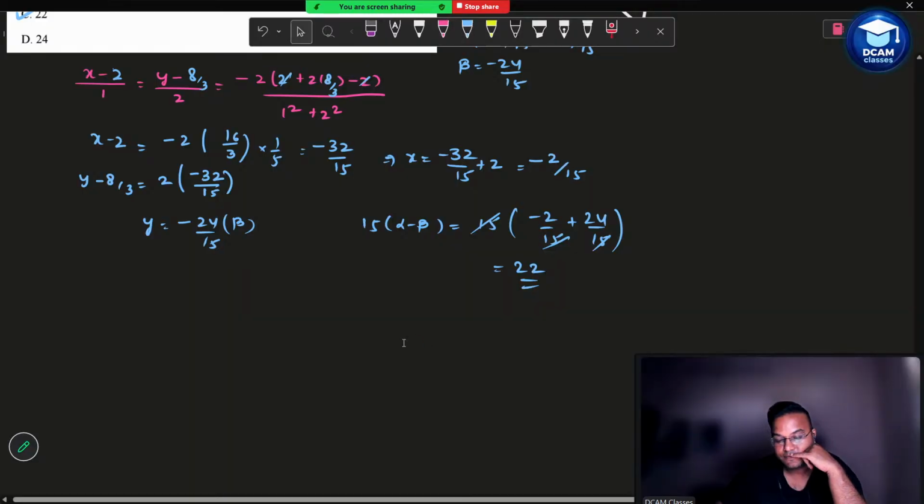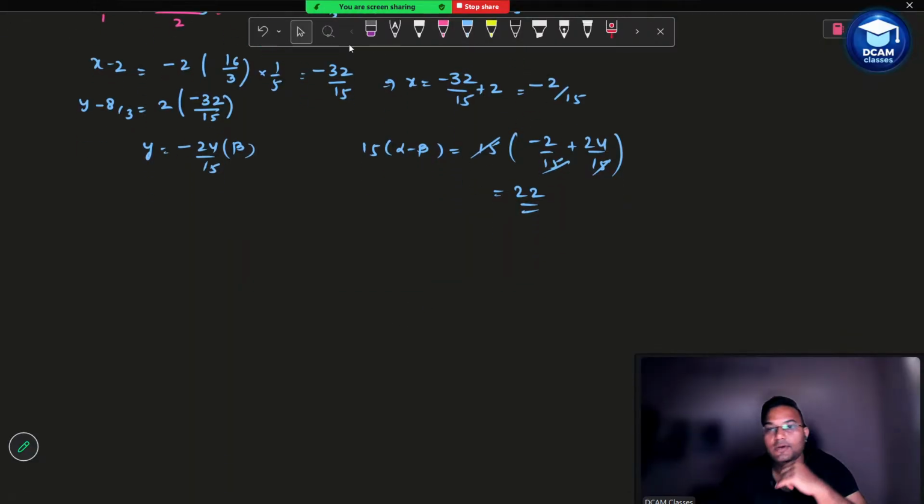Understood now? Now one more little concept I'll give you, because usually students are able to do it only by problem solving, but take it as a concept.